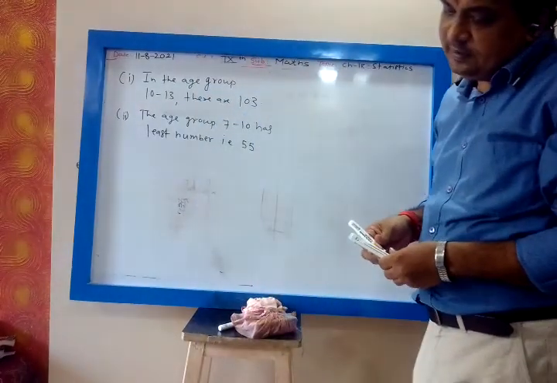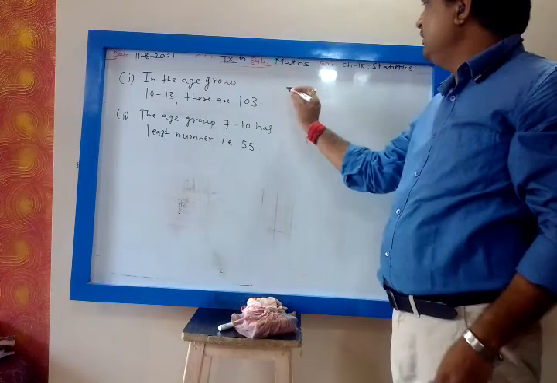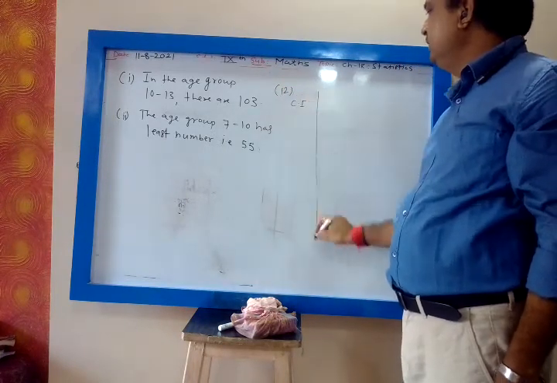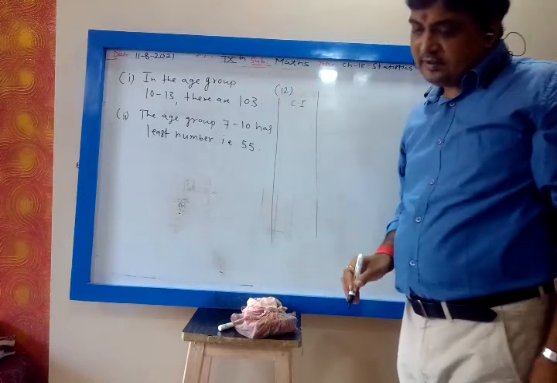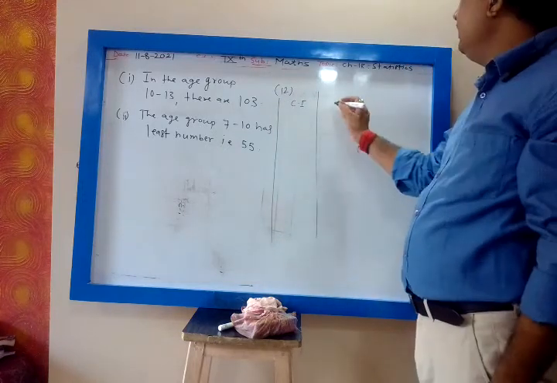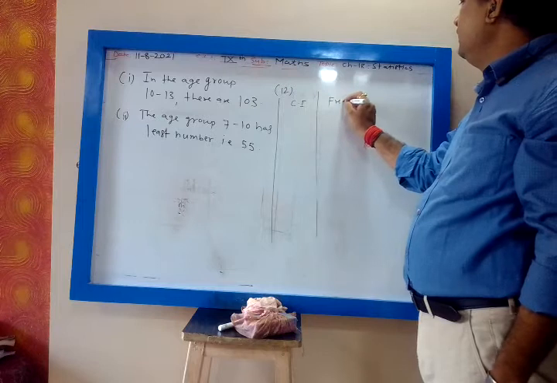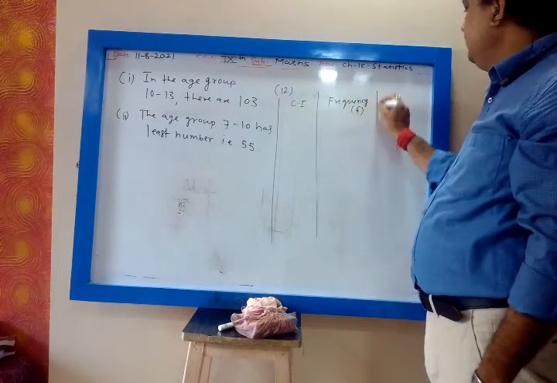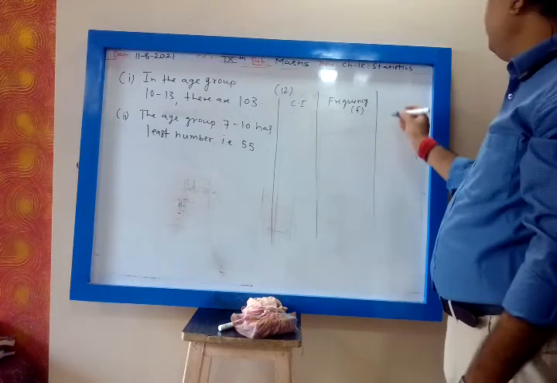Now 12, fill in the blanks in the following table. You are given class interval, then frequency F, then cumulative frequency CF.